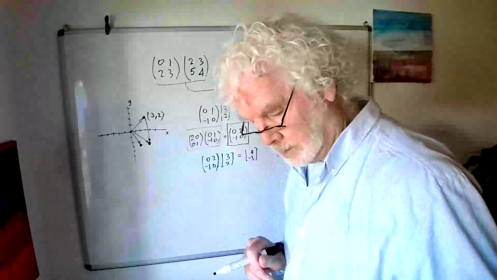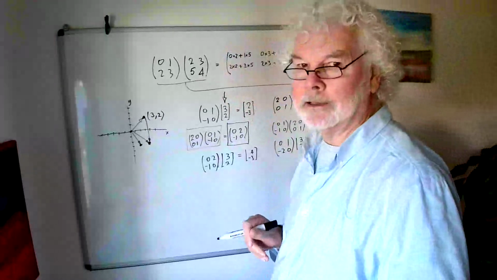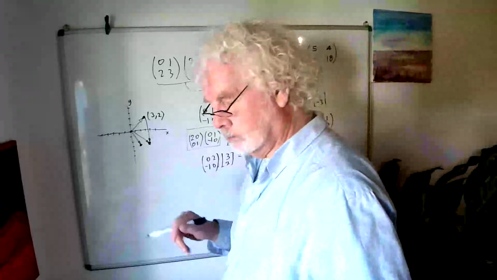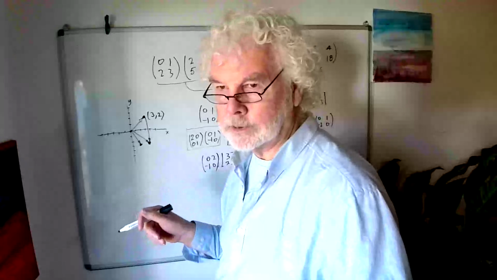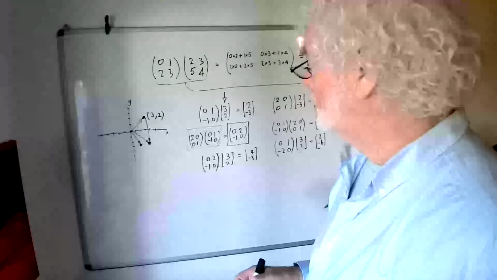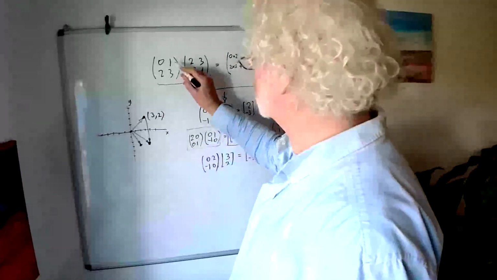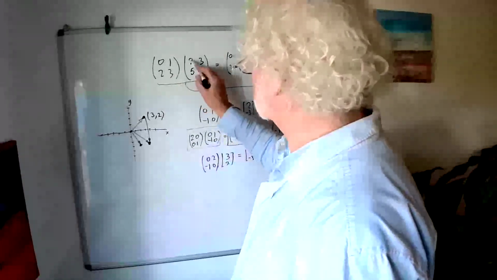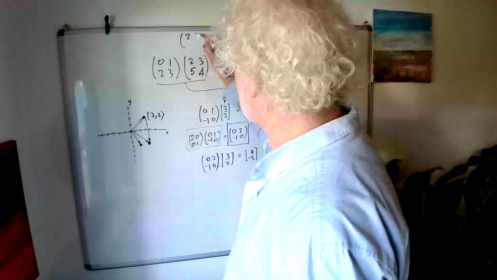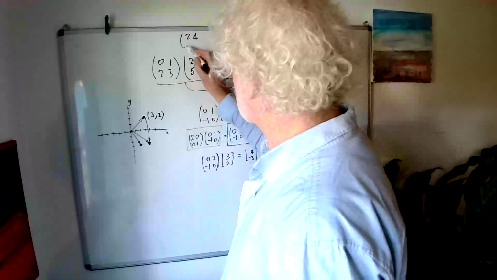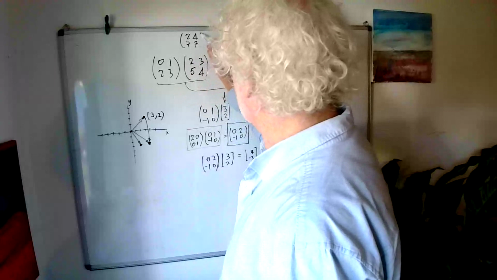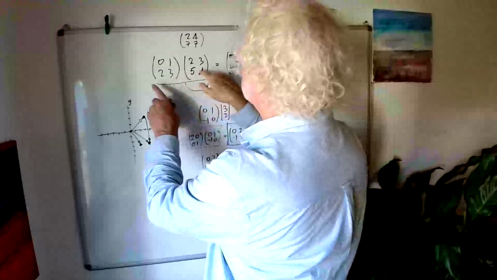So in the algebra of matrices, the order of multiplication matters. The order of addition doesn't. Because if we add these together, we get 2, 4, 7, 7, and it doesn't matter which comes first.